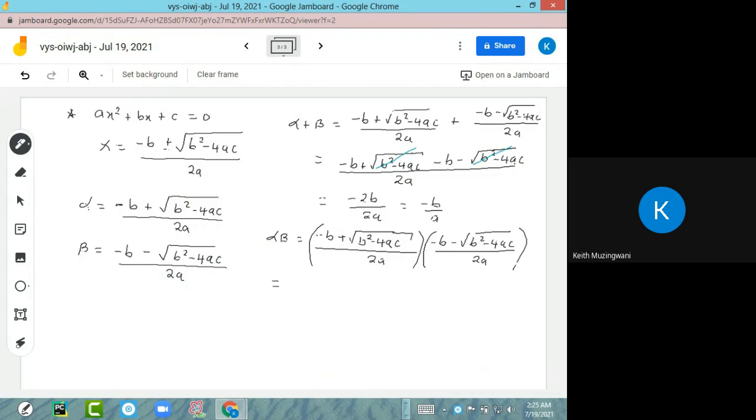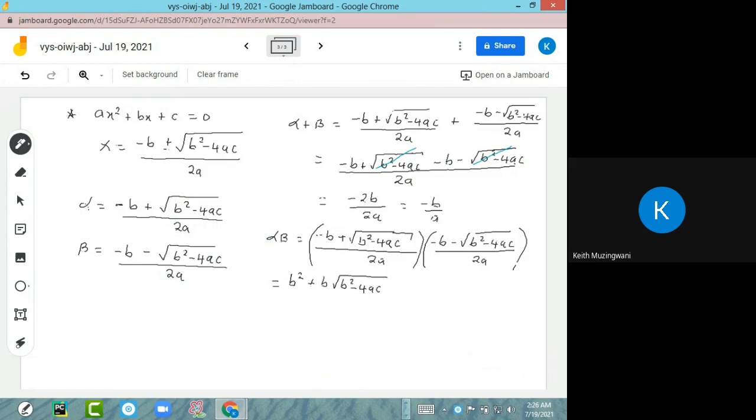Let's see what we get. Negative b times negative b, we get b squared. And then we'll have positive b, and then the root of b squared minus 4ac.